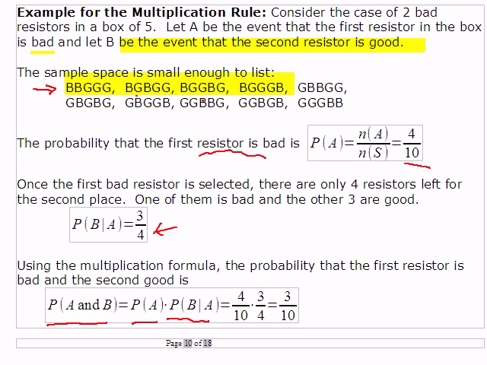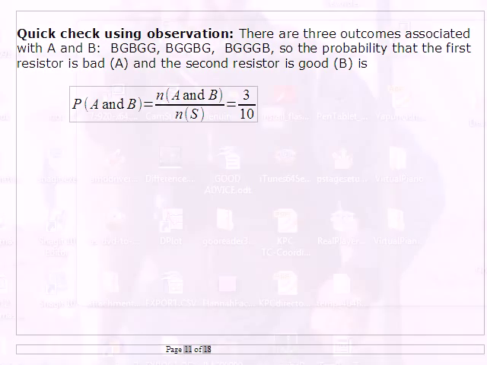So the probability of A and B is the probability of A by itself, times the probability of B given that A has already occurred.